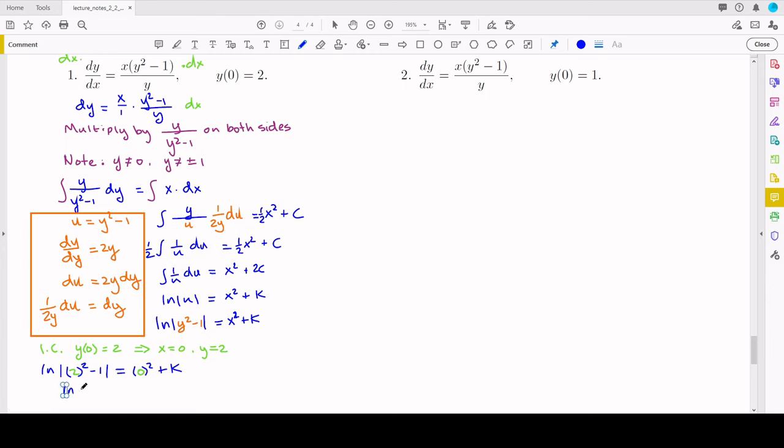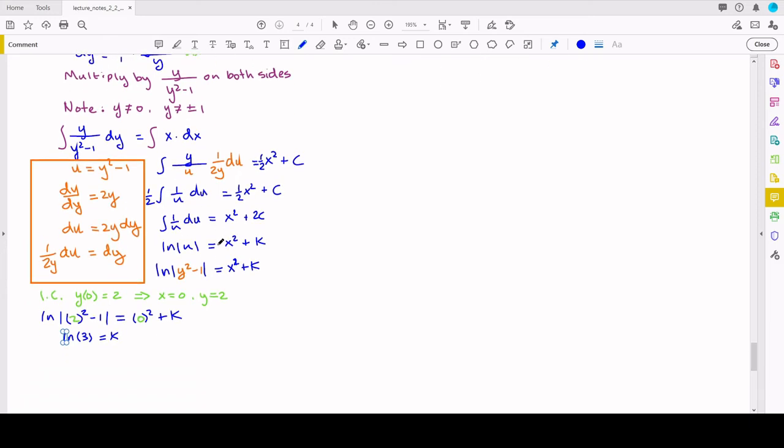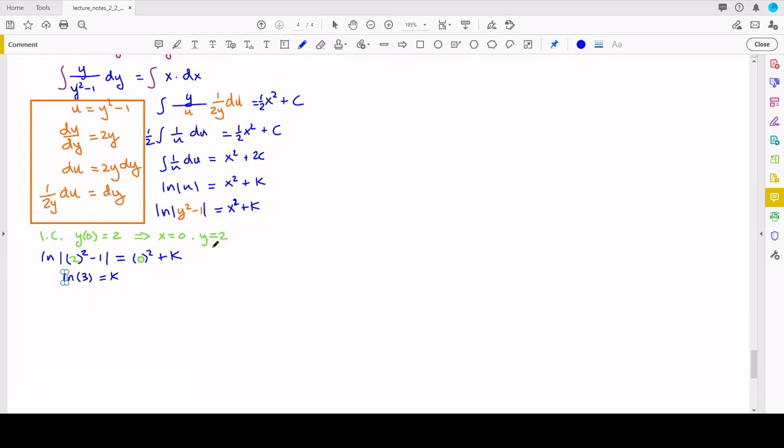So ln of 3 equals k. Okay, so our equation now becomes ln of y squared minus 1 absolute value is x squared plus ln of 3.